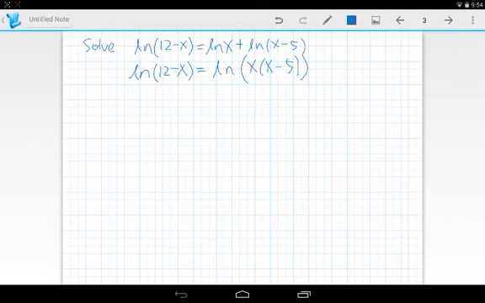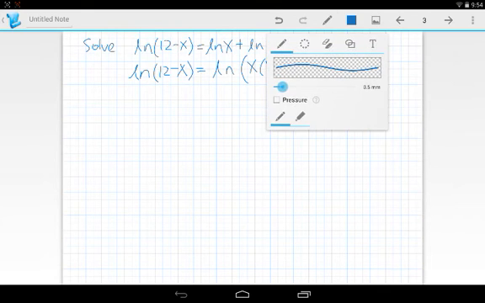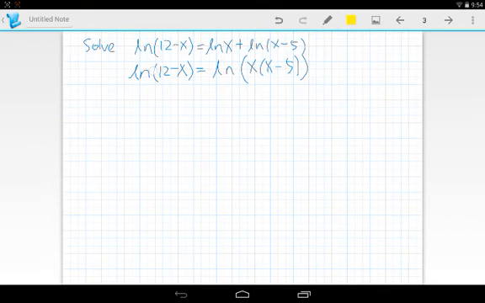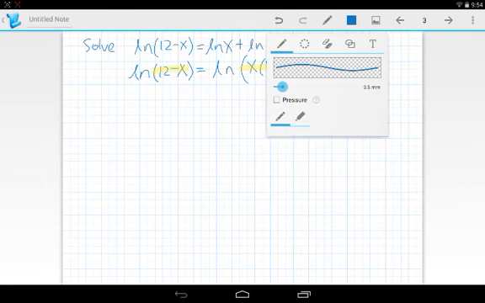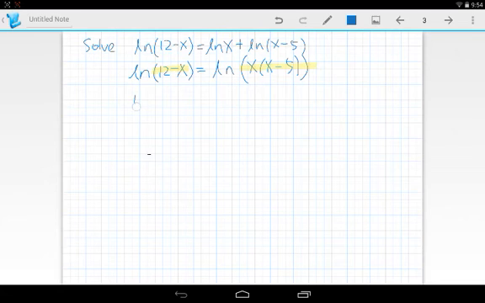On the left hand side I have ln of 12 minus x is equal to ln of x multiplied by x minus 5, which means 12 minus x is equal to x multiplied by x minus 5. I'm just going to solve for that. So 12 minus x is equal to x squared, distribute, minus 5x, and I'm just going to solve this.